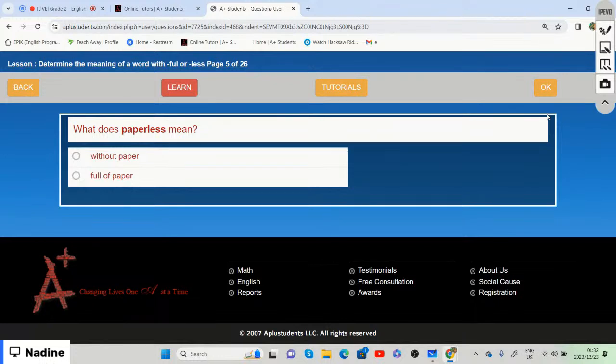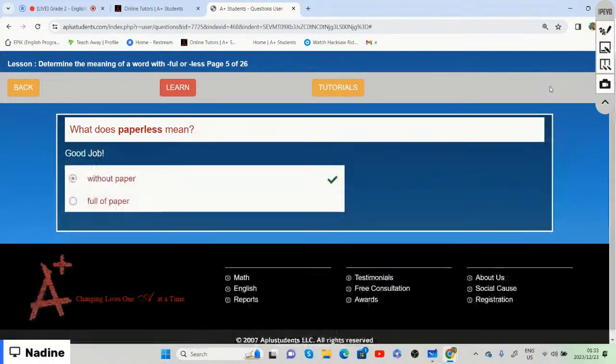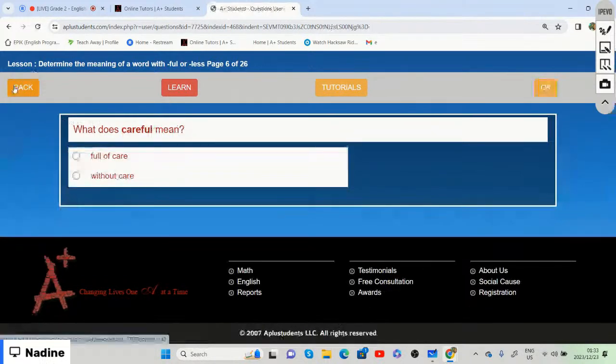So is it without paper or full of paper? Paperless means that it is without paper, because less means without.